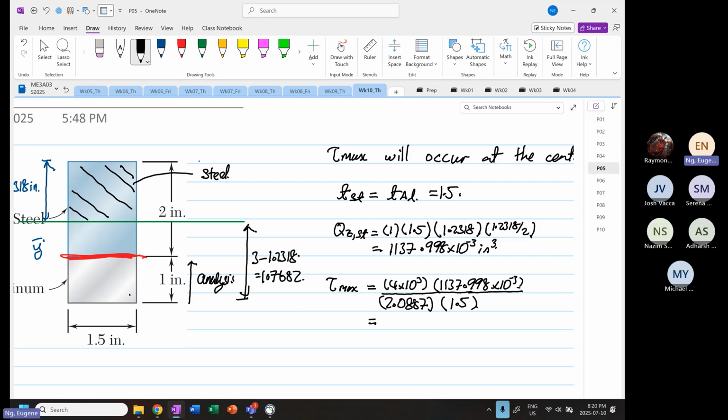Okay, so 4 power 3 times 1137.998 power minus 3 divided by 2.0887 divided by 1.5 is 1.453 times 10 to the power 3 psi.